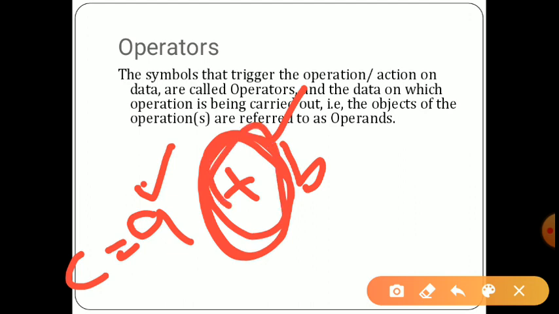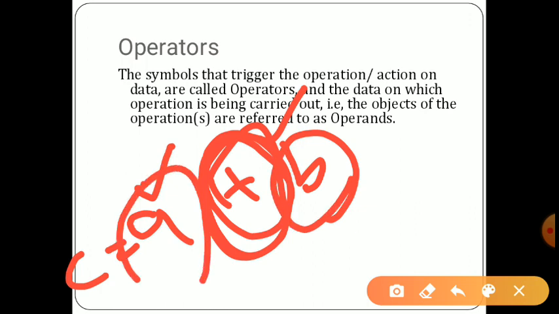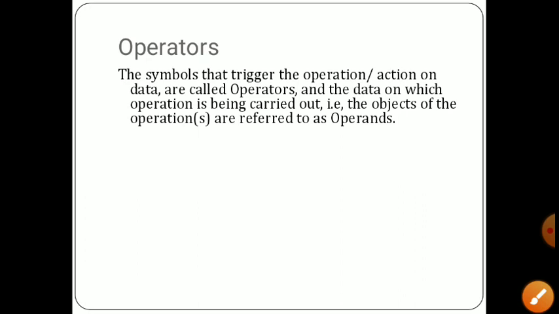Operators are the symbols that trigger some actions or operations on data. So this is called operators, and the data on which the operations are carried out is called operand.